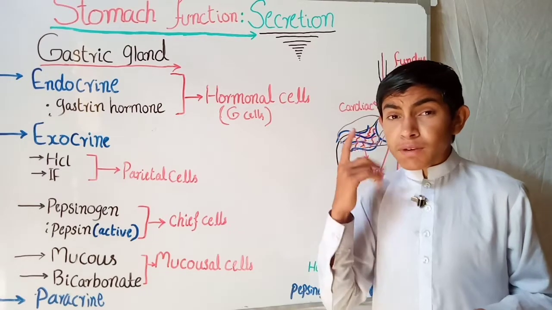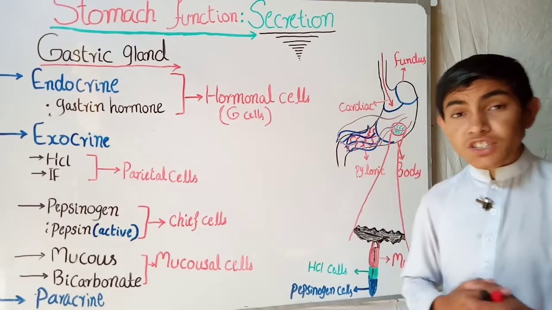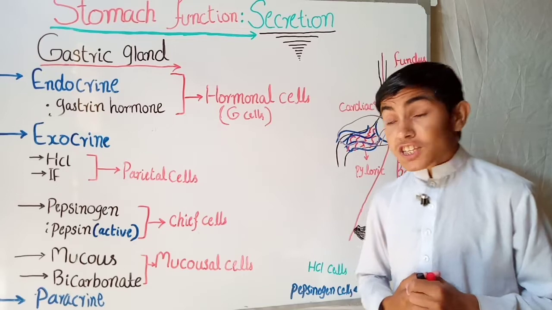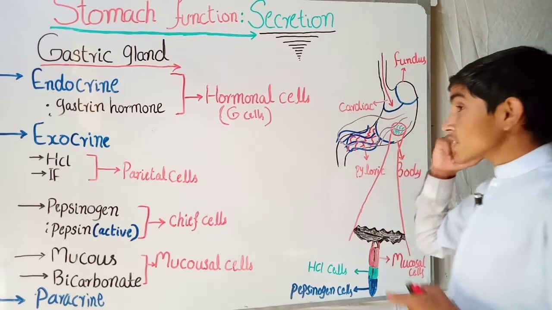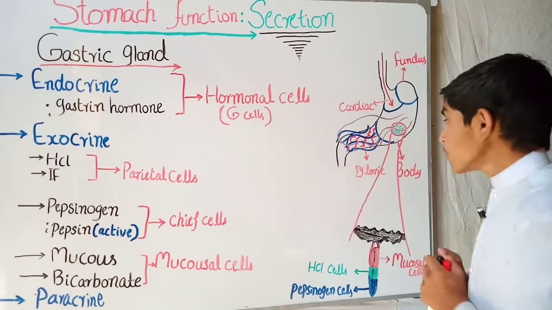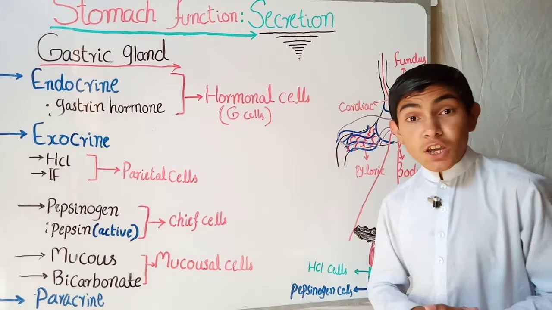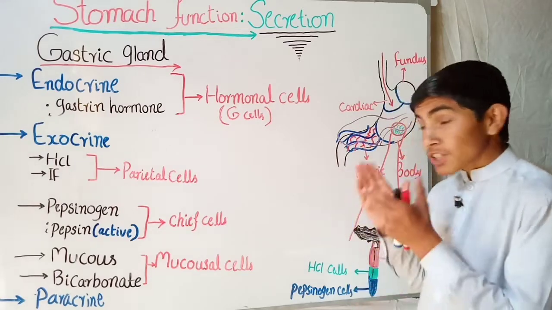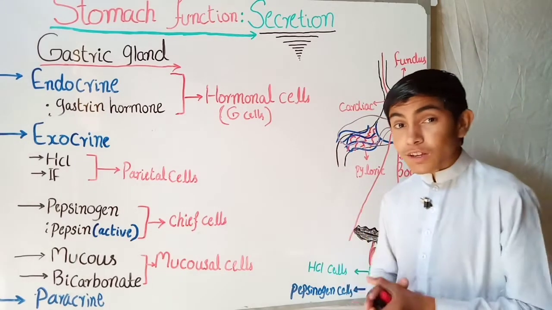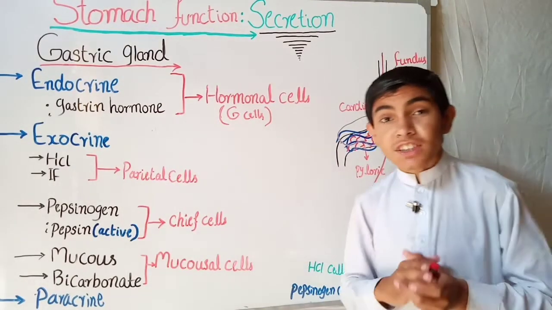This message is sent to our central nervous system, CNS, and the CNS directly stimulates the gastric gland in the pyloric part to secrete the gastrin hormone, because you are about to eat some delicious food, in order to stimulate other cells of the stomach to digest that food.